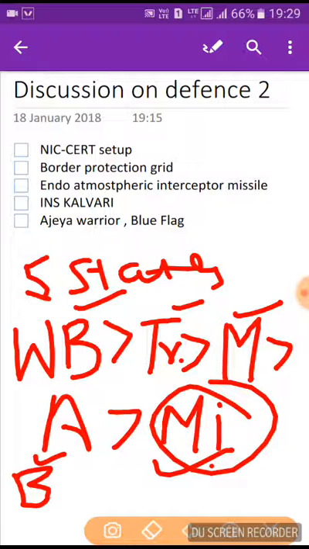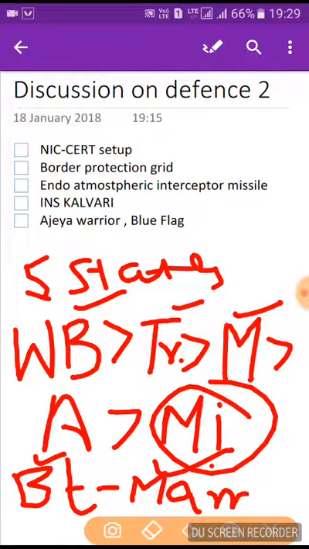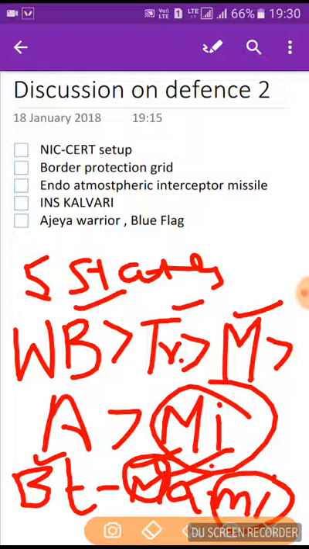Here B is for Bengal, T for Tripura, BT, and that is Mami: M for Meghalaya, and MI is Mizoram, and here A is Assam. So friends, here one thing is important: don't take this M as Manipur.